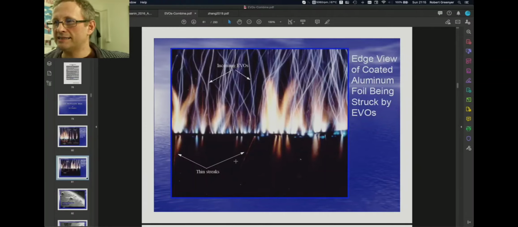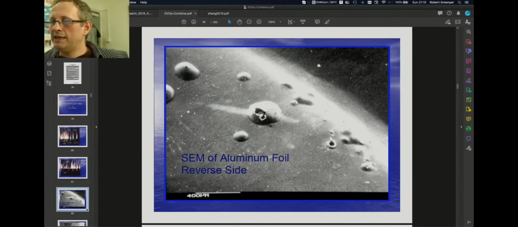He's also got what look a bit like spiraling streaks coming through as well. But here is this image, and what he's showing you here is ones where you have a hole.